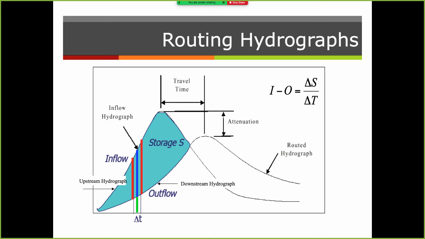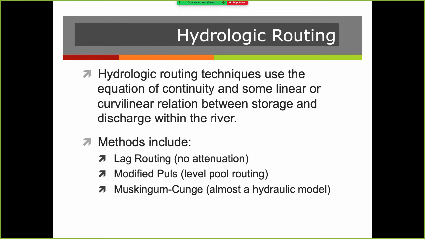Now that's arguably an approximation. In a practical sense, it's usually pretty defendable for relatively short travel distances, short on the order of a few miles. Once we get much further than that, the storage in the element is so significant compared to the flow values that the attenuation has to be accounted for.